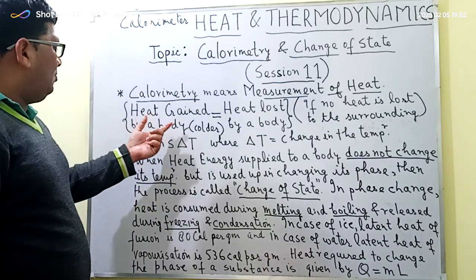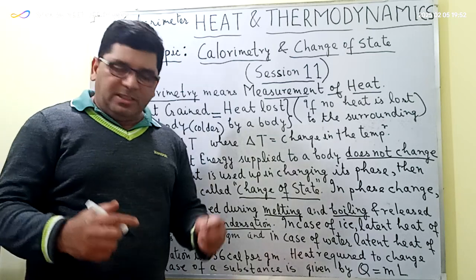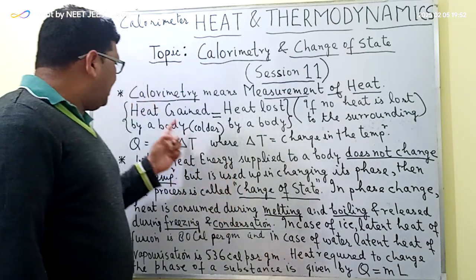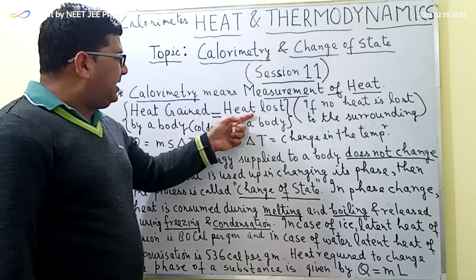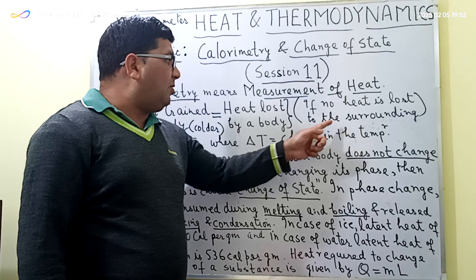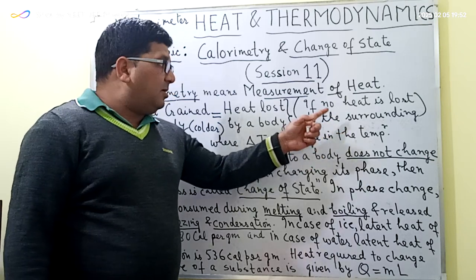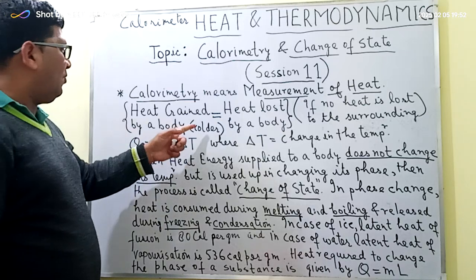When two bodies which are at different temperatures are brought in contact with each other, then the heat gained by the colder body is equal to the heat lost by the hotter body, provided there is no heat lost to the surroundings. This is the condition for using this formula.